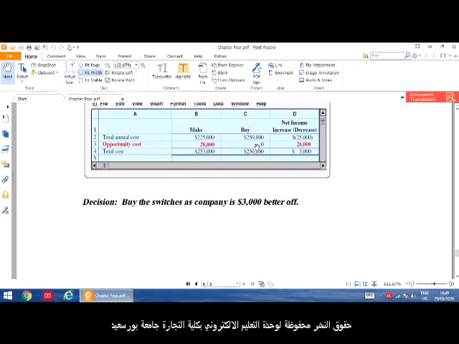So when we take into consideration the opportunity cost, the decision will change. Buy the switches, as the company is $3,000 better off. Of course, when we buy the components, we will save $3,000 in the cost.